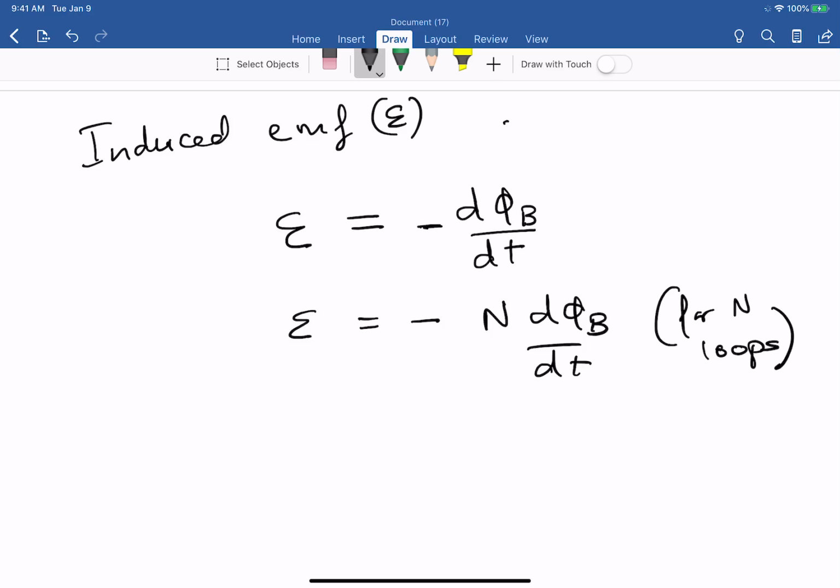Okay, now what is this minus sign? The minus sign indicates the direction of the induced EMF, and it is given by something called Lenz's law. This equation is called the flux rule.